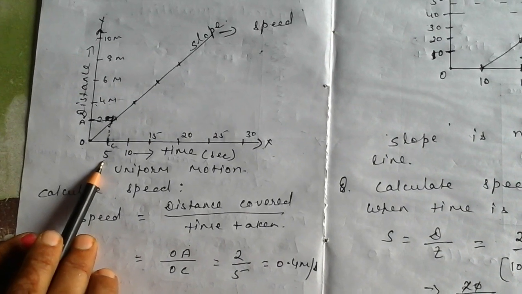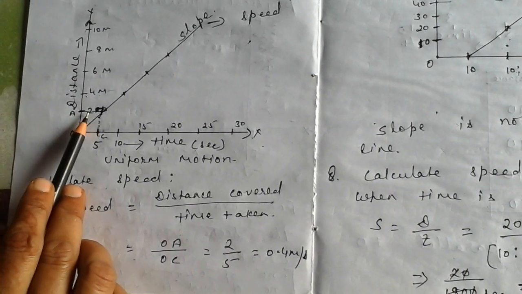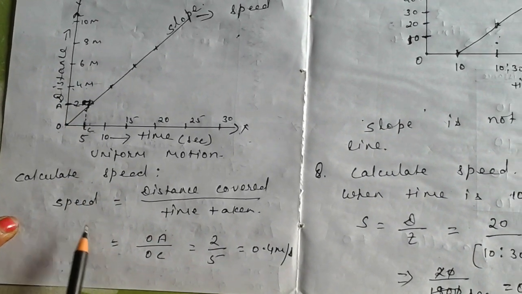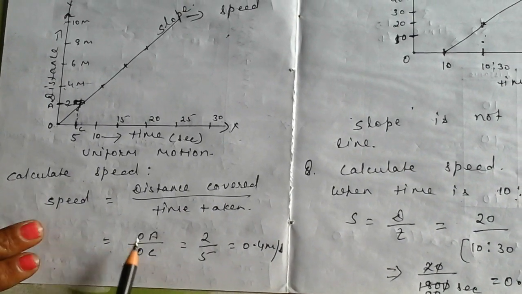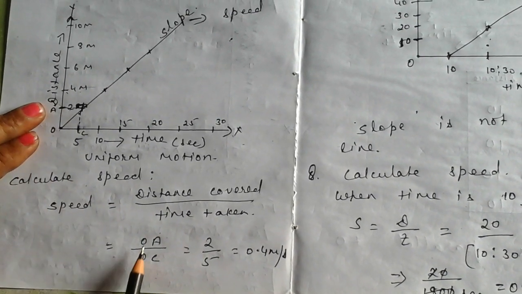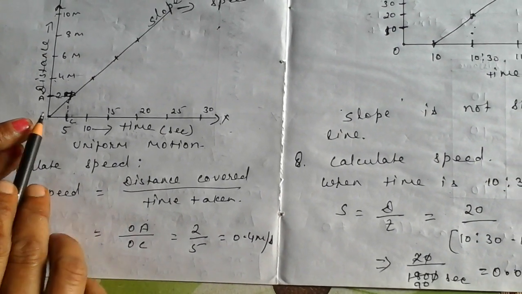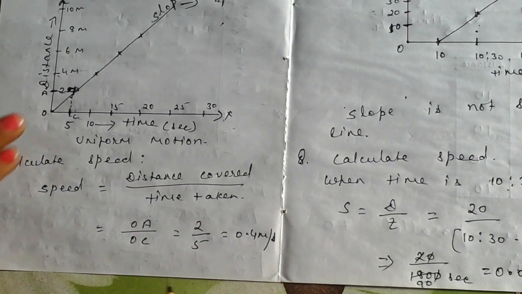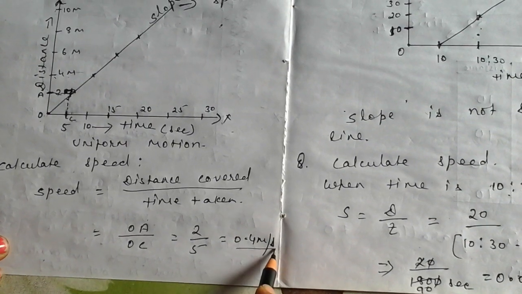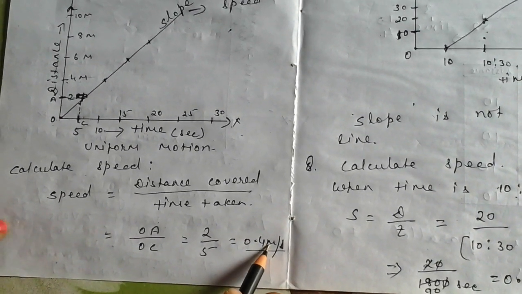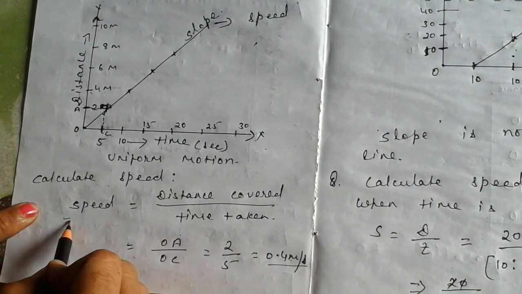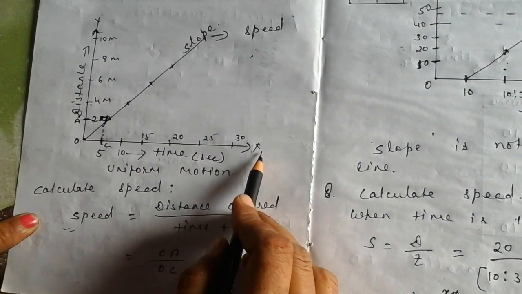In 5 seconds, the body travels 2 meters. So speed is equal to distance by time. OA is distance travelled, OC is time taken. 2 by 5, that is 0.4 meter per second. Like this, we can calculate the speed from a distance-time graph.